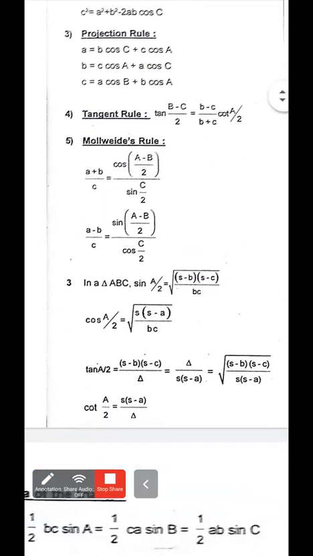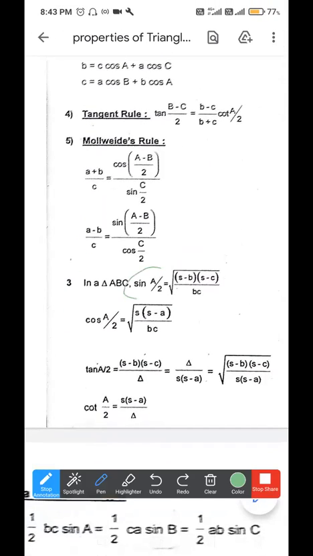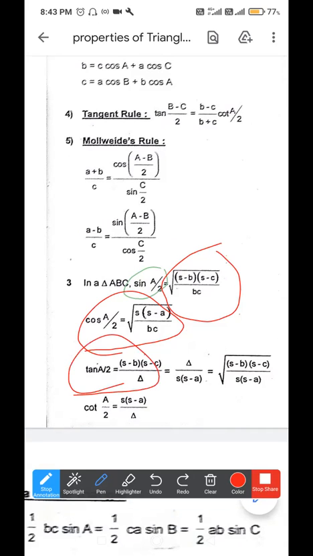Next, in triangle ABC, sine A by 2 is equal to root of (s minus b) into (s minus c) by bc. Cos A by 2 is root of s into (s minus a) by bc, and tan A by 2 is equal to (s minus b) into (s minus c) by delta.